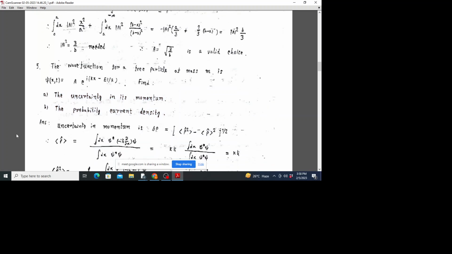Now we have to find the uncertainty in its momentum and the probability current density. Let us first look at the uncertainty in momentum. So what is the definition of uncertainty? Uncertainty in momentum delta p.